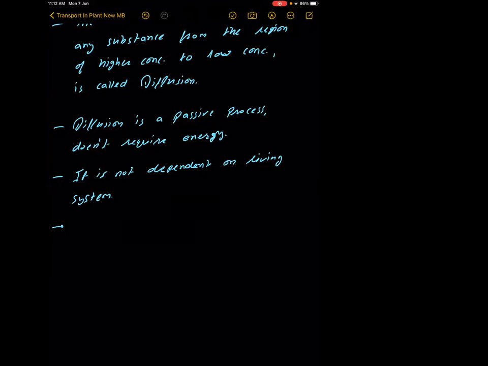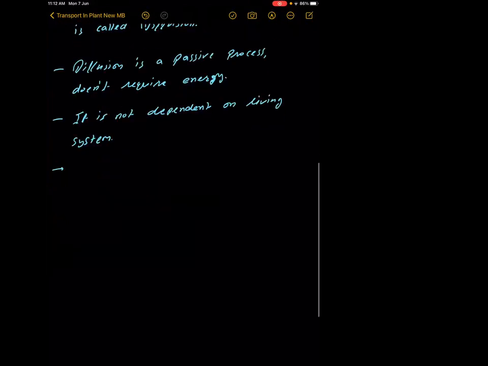And this is a short distance movement. Diffusion means short distance movement from one cell to the next cell like this. That is called diffusion.